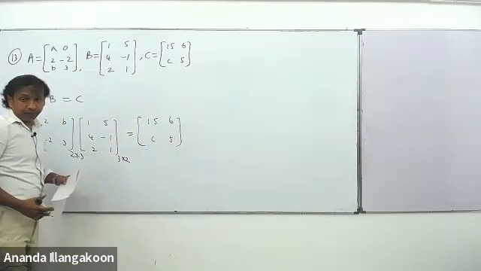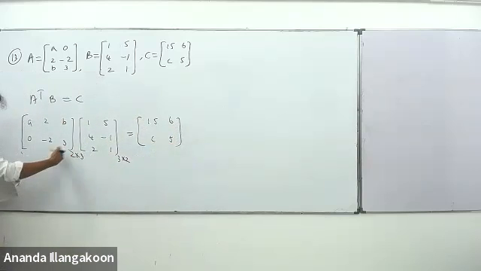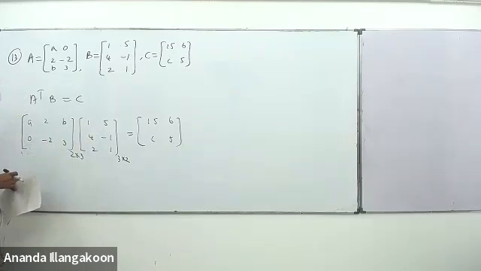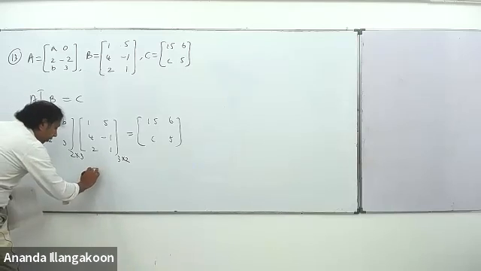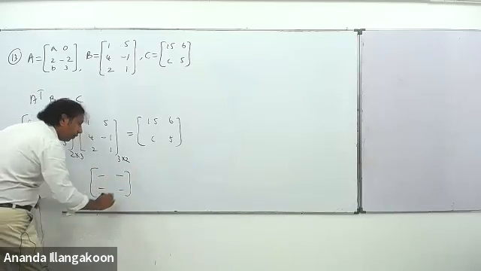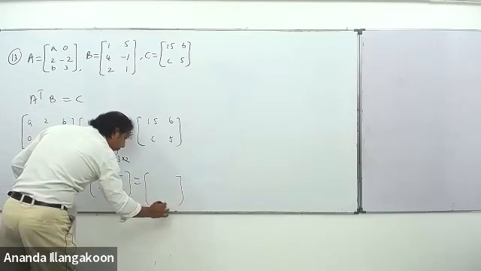Right. Now you can multiply these two. Then we get an order 2 matrix on the left hand side, these 4 elements. It is equal to the right hand side.